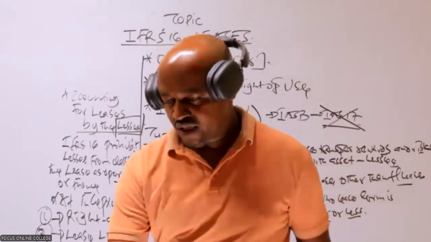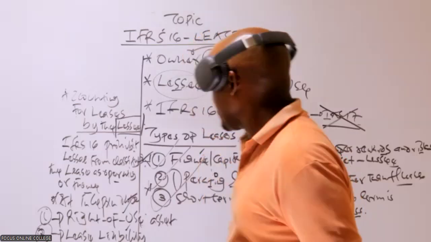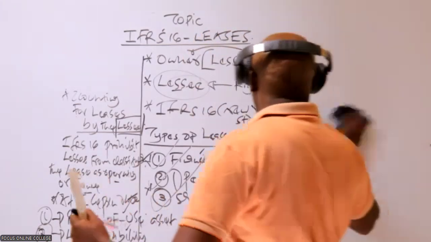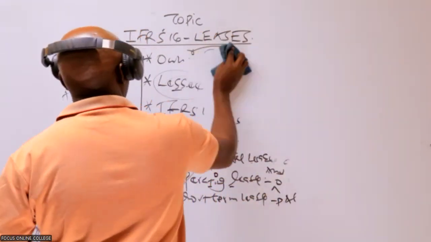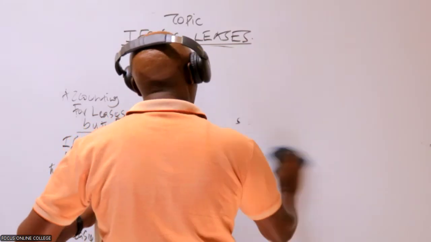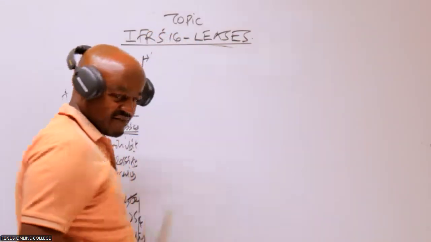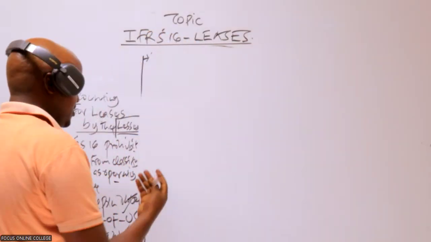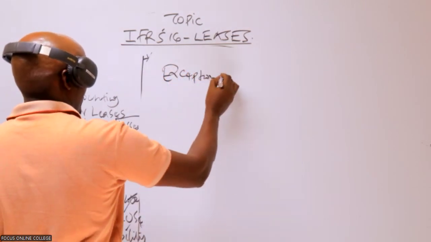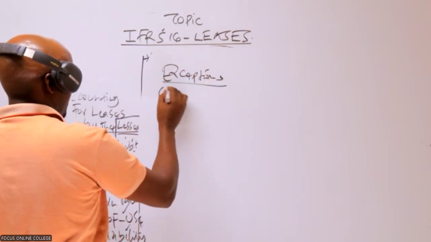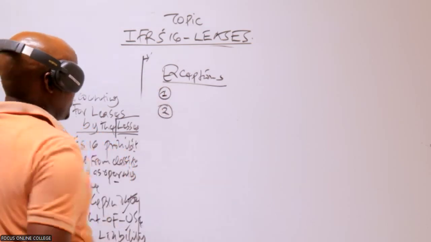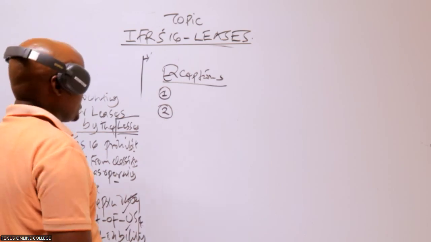So which are those two circumstances? We can refer to them as exceptions, the circumstances whereby the lessee is not supposed to recognize the right of use asset and the lease liability.